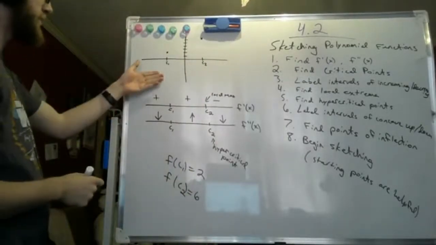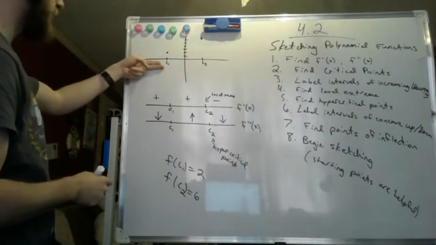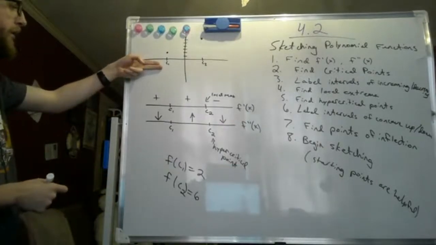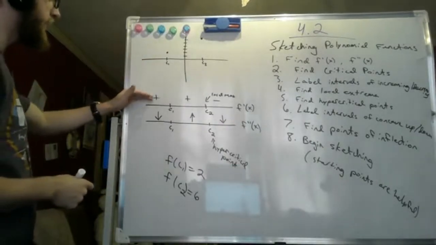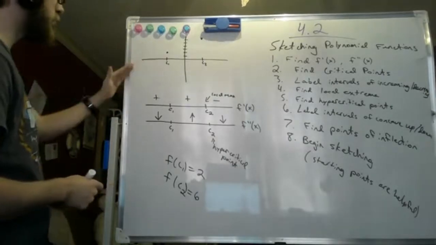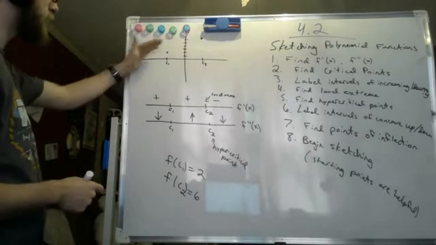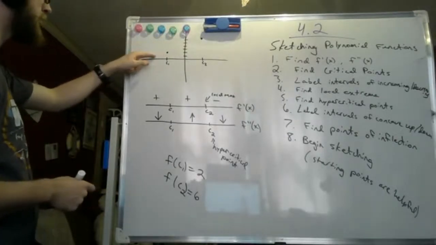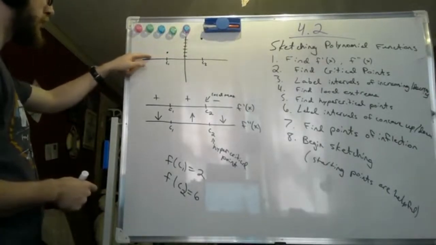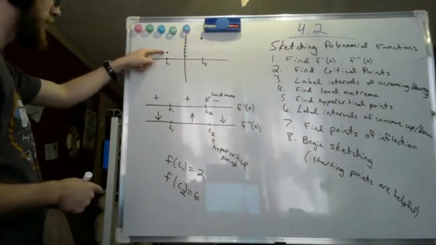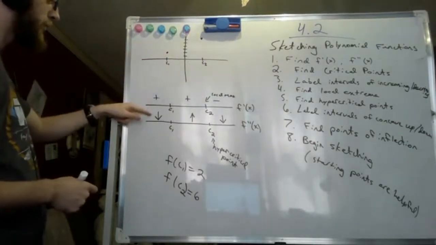Now for this left side, for this area to the left of C1, I'm told it's increasing. So as I approach C1, I'm getting bigger and bigger and bigger. I'm increasing to C1. So the y values to the left are lower than C1 if I'm increasing up to it. But I'm also told it's concave down.